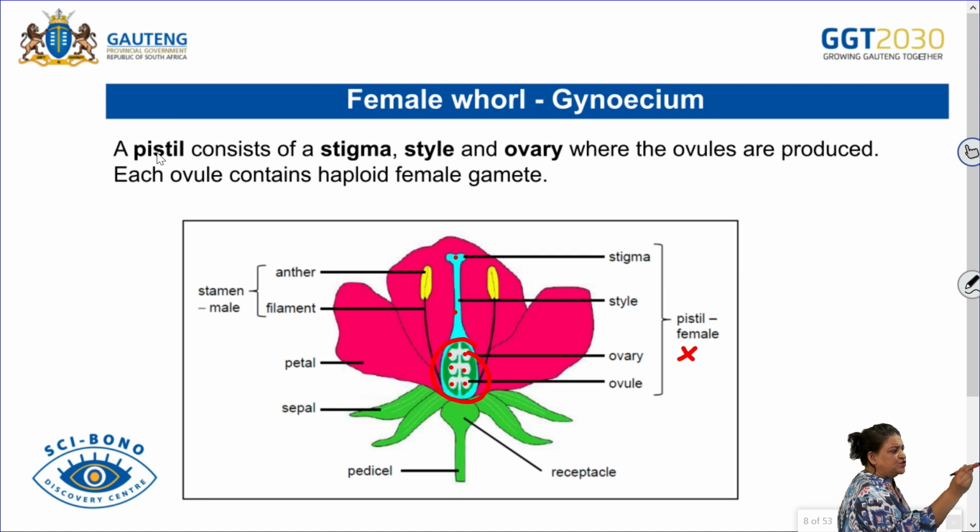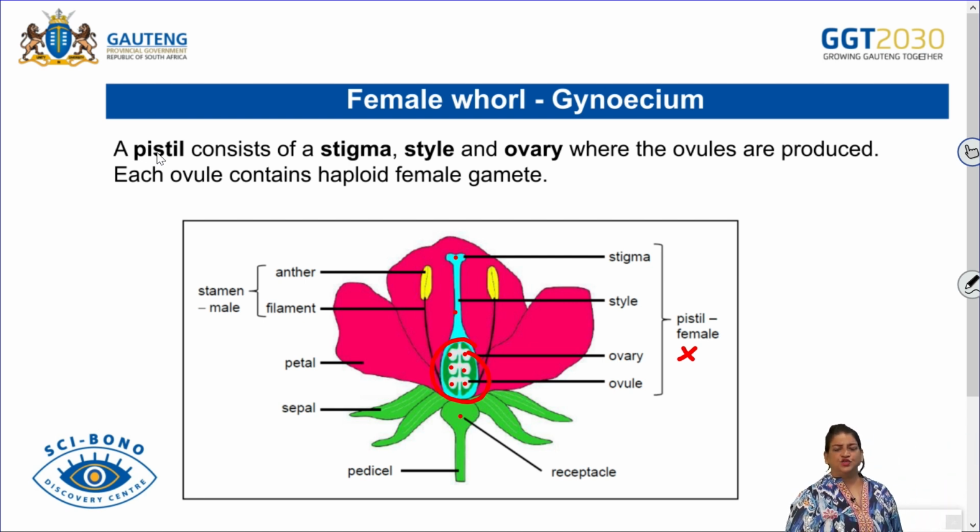Remember, the ovary becomes swollen to form the fleshy fruit, and the ovules will develop into seeds. So if this is a flower from an apple tree, then you're going to have 6 seeds inside that fruit because they have 6 ovules. Here's your receptacle to which all your floral parts are attached.